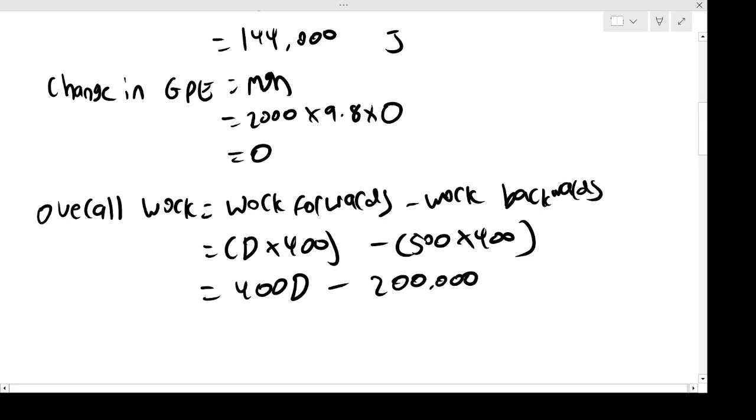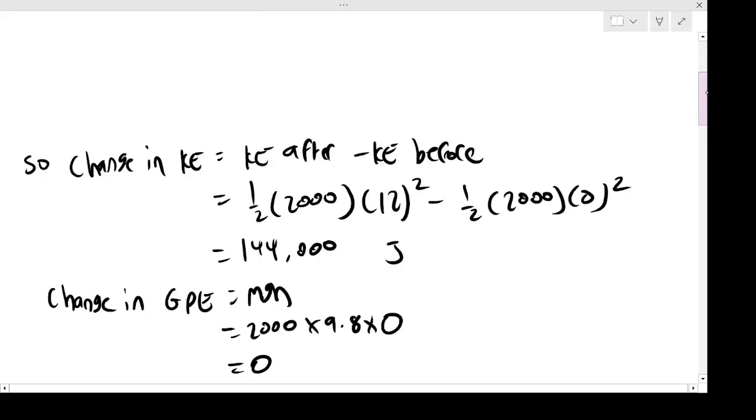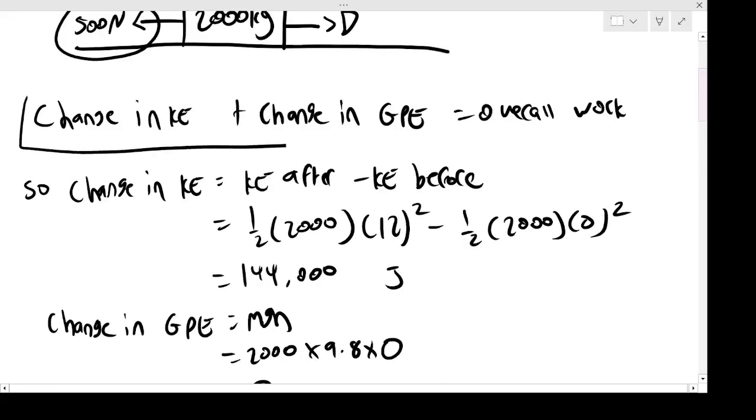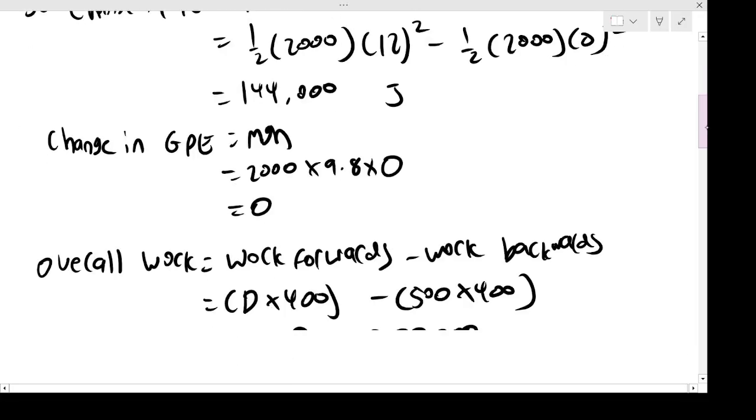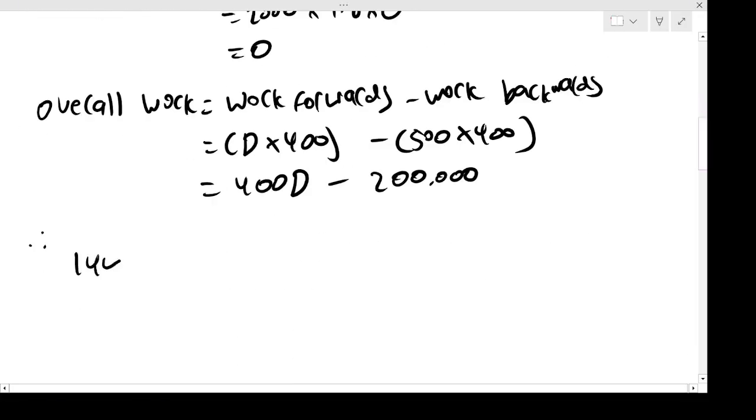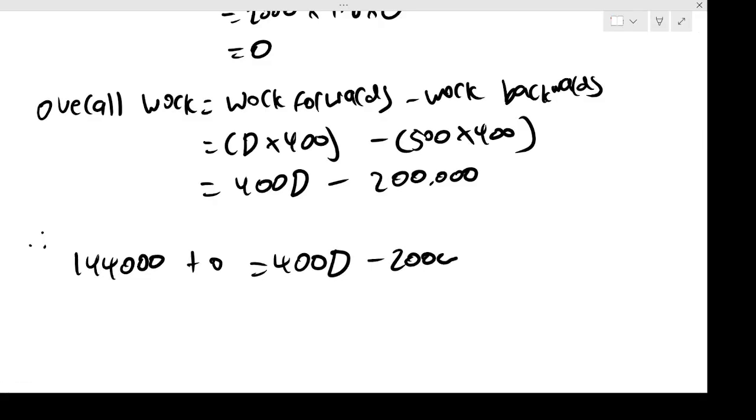And there we are. So hopefully happy with that, so therefore I can substitute it into my work energy principle formula here. So the change in kinetic energy is 144,000 plus 0 for the change in gravitational energy is going to be the overall work of 400D take away 200,000.